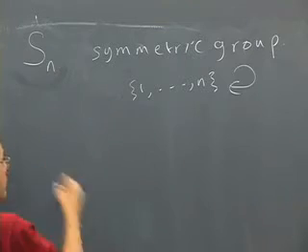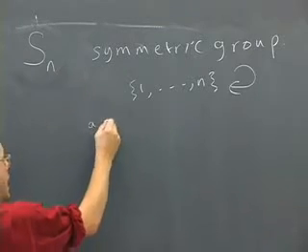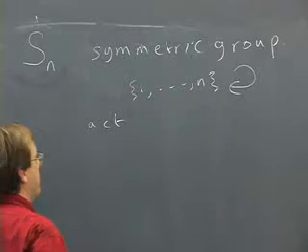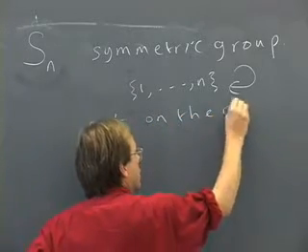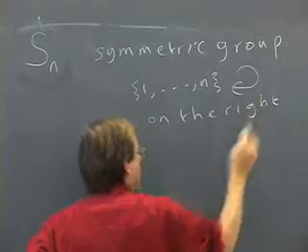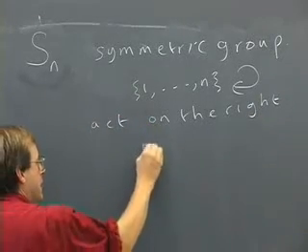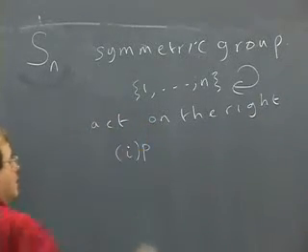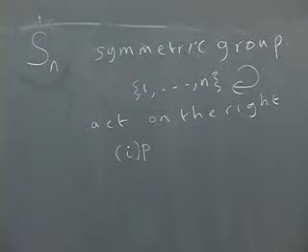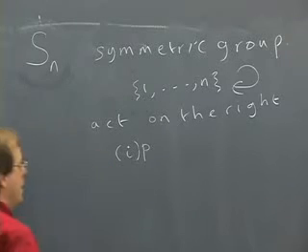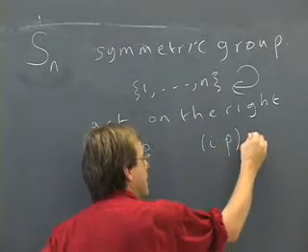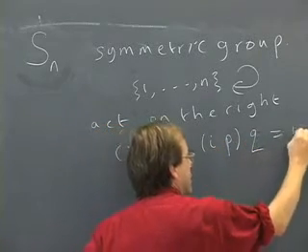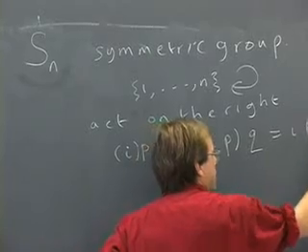So these permutations are going to act on the right, which means I'm going to write P of I, rather than I of P. And this has the effect that if you first act on I by P and then on Q, it's the same as acting on I by the product PQ.